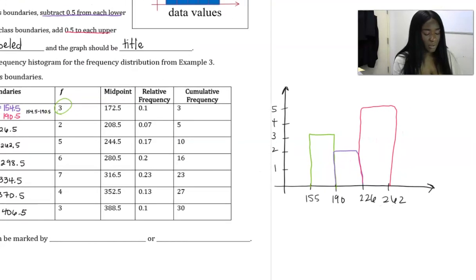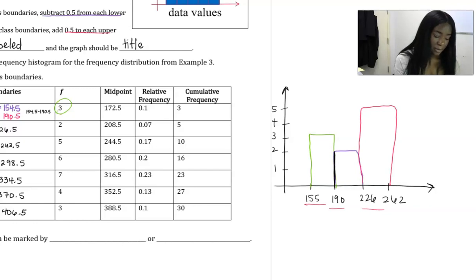So the reason that we don't use these numbers and that we're instead going to use the class boundaries is because if we had a data point that was 190, say 190 was a value that we got and we're trying to figure out which rectangle, which class did 190 fall into. Well, here's 190 right here, and it is on the boundary.